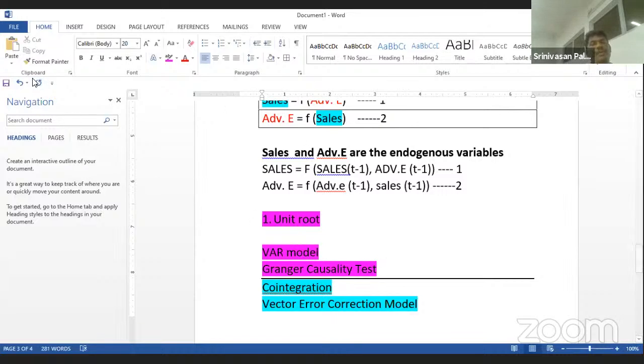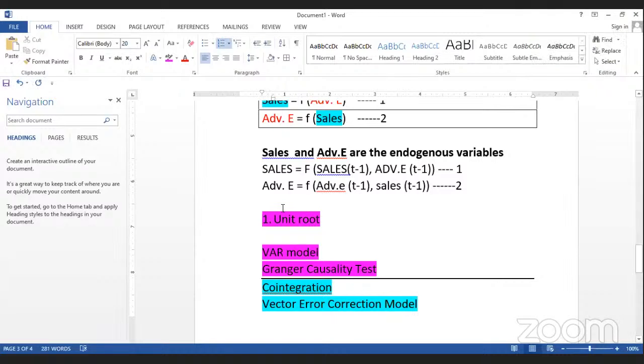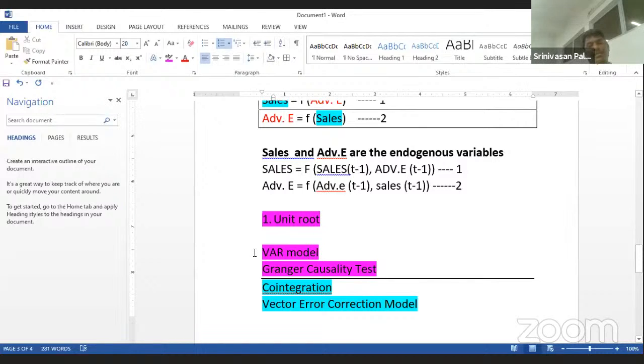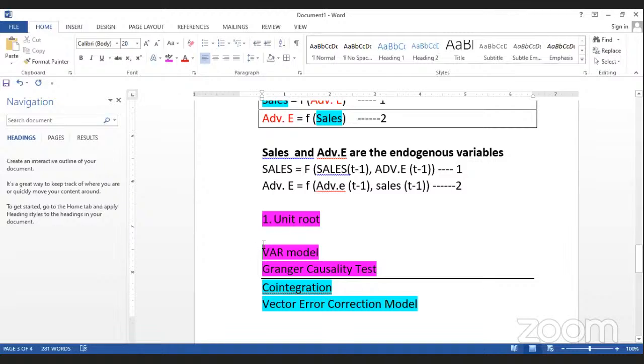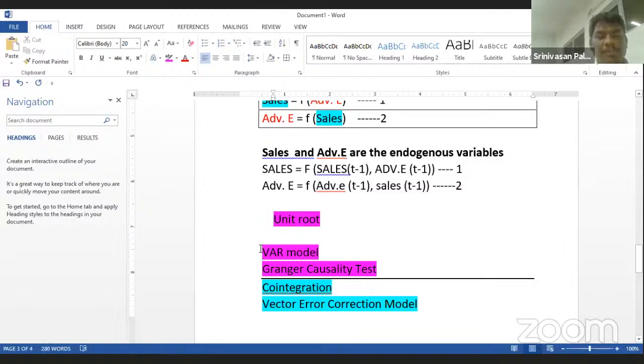After the unit root test, we can do either the VAR model or Granger causality. I will put this as 1 and this as 2.